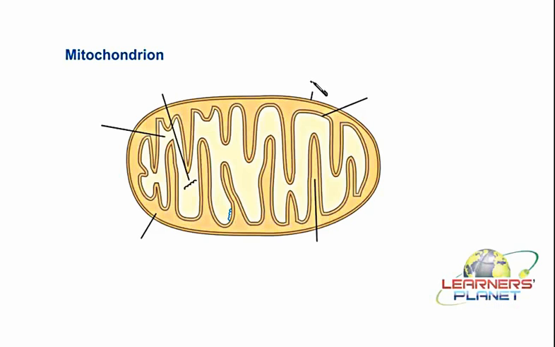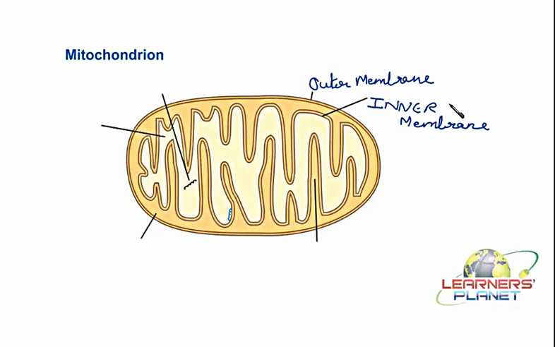So let us label it here first. As it is present outside, it should be the outer membrane. And as mitochondria is a double membrane structure, inside this membrane the other part present should be the inner membrane. So the other part that should be labeled here is the inner membrane.